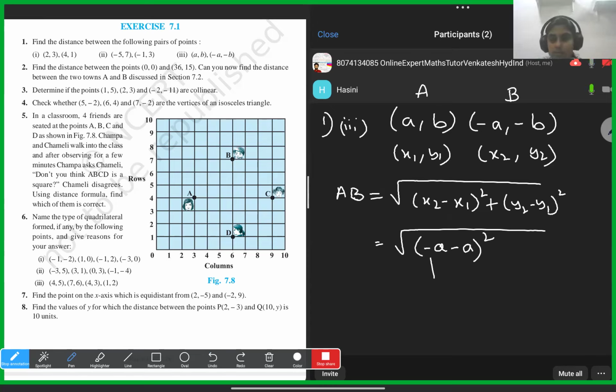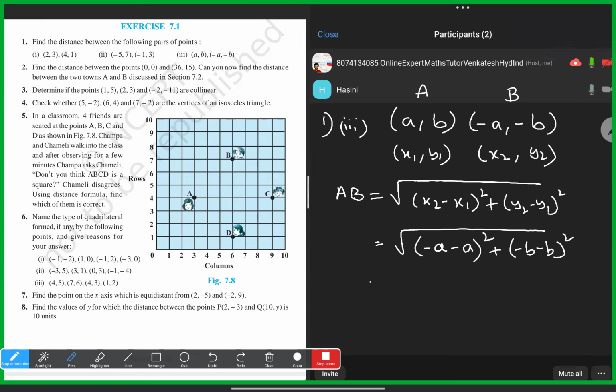Okay, sir. Then plus y2 minus y1 whole square, so minus b whole square. Yes, Hasni. Students will apply the a minus b whole square identity when the letters are different, but here the same letters are there, so we can just add them. If you apply the identity you'll also get the same answer, but it's a waste of time.